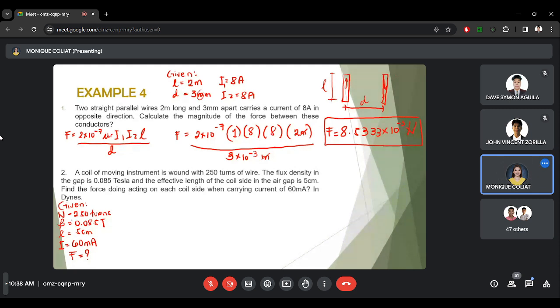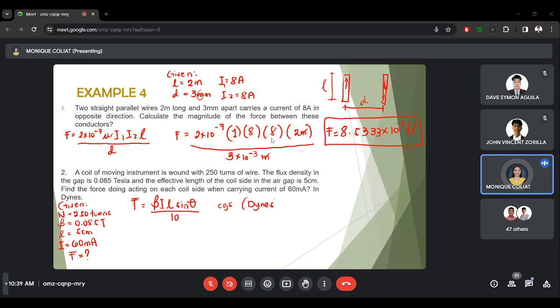Okay, so seeing the given, what formula will we use? We have the formula F is equals to force is equals to B I L sine theta, right? And this is for MKS. When I put over 10 here, this is for CGS, which is in dynes.